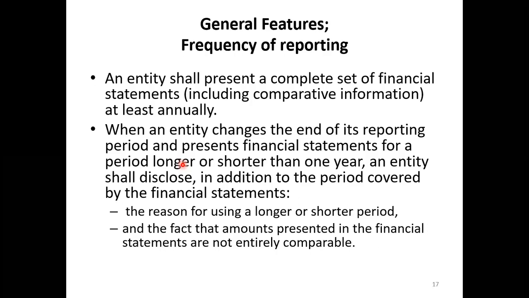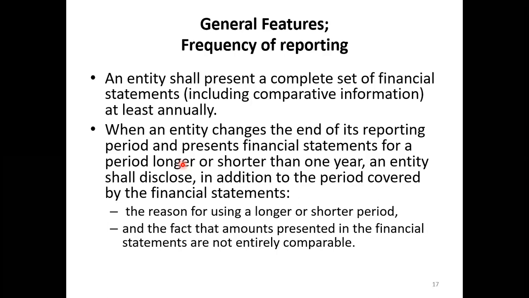When an entity changes the end of its reporting period and presents financial statements for a period longer or shorter than 1 year, an entity shall disclose, in addition to the period covered by the financial statements, the reason.